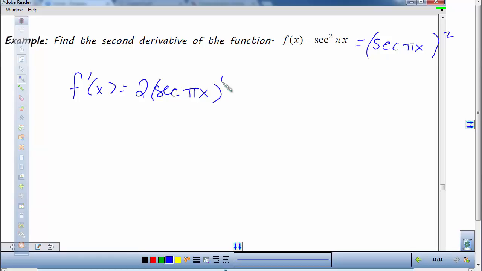Now I'm going to take the derivative of secant, which is secant pi x tangent pi x. And then we take the derivative of pi x, which is just pi. So I'm going to sneak it up here so I don't have to rewrite it. 2 pi times secant pi x. I think secant is under. Oh yes, I'm sorry. I got too excited.